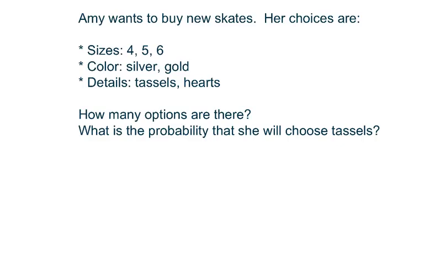Amy wants to buy new skates. Her choices are, she could get a size 4, a 5, or a 6. She could get silver or gold, or she could get tassels or hearts on her shoelaces. So how many options are there? You're going to take the sizes and you're going to put them across, and it doesn't really matter which part you pick.